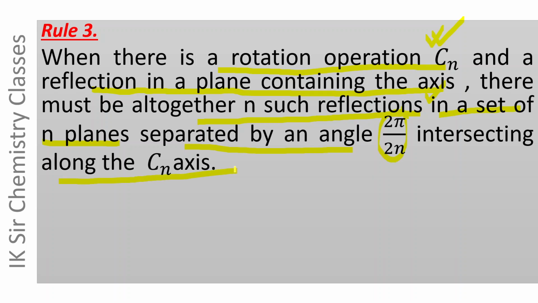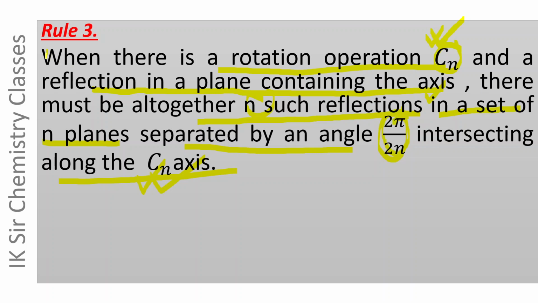It means if a molecule contains a Cn axis of symmetry and a plane of symmetry containing that axis, there will be altogether n planes of symmetry intersecting along the Cn axis at an angle 2π by 2n.